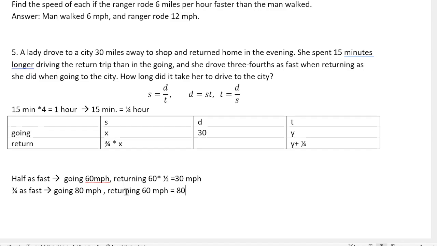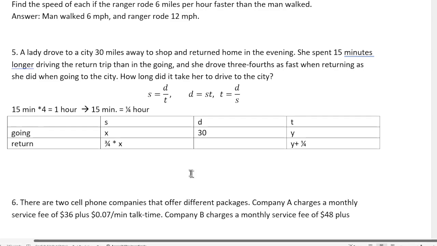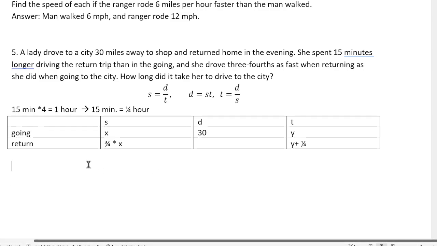Well, you do 80 times 3/4. Okay, so seeing this, just do some examples, and you'll see right away that when you say it's 3/4 as fast, you're supposed to multiply 3/4 to the original speed. Now, the distance is still 30 because you're going the same route. Okay, so hopefully that was reasonable.